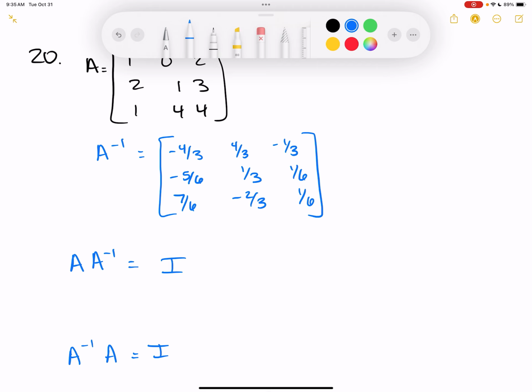Alright, so you got that. Then did you store it? Yes. And you hit enter.